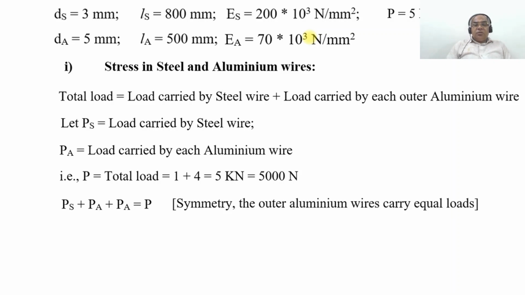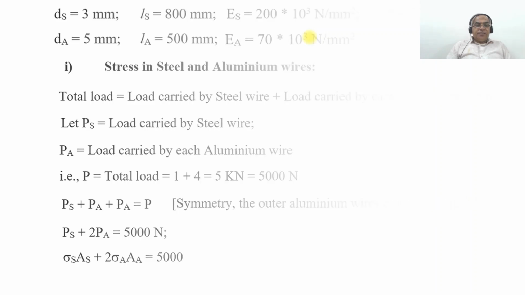By symmetry, the outer aluminum wires carry equal loads. So P_S plus 2 P_A will be equal to 5000 Newton. Now P_S is sigma_S into A_S, plus 2 into sigma_A into A_A, equal to 5000.